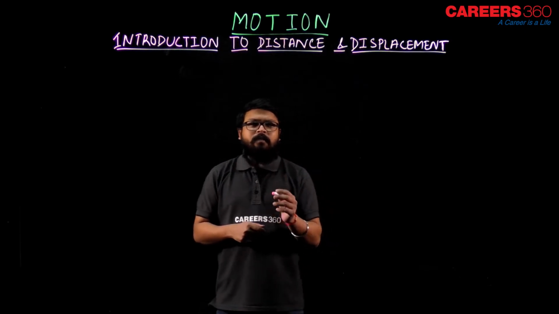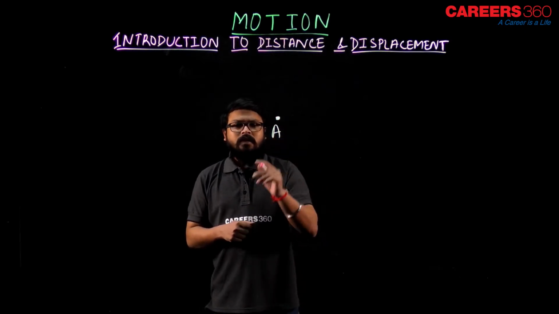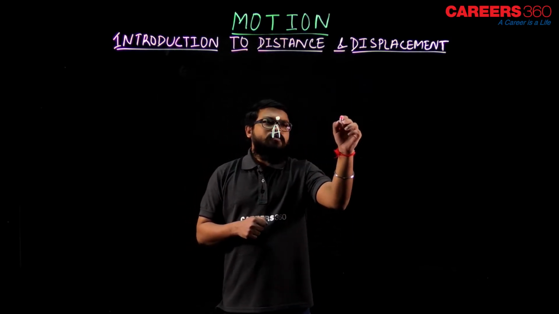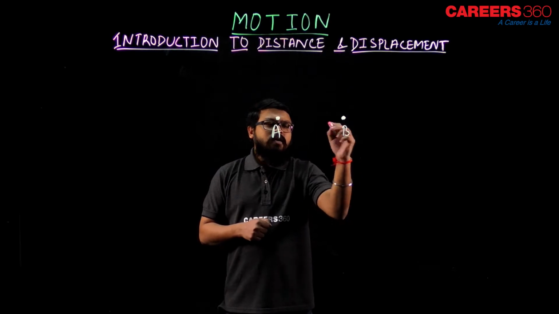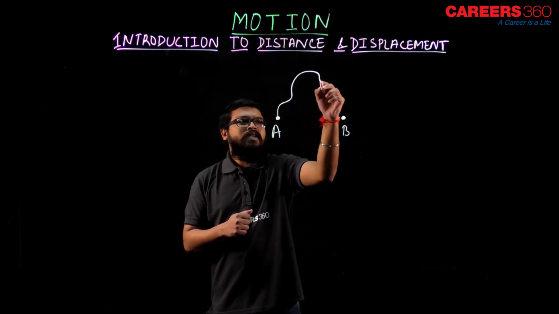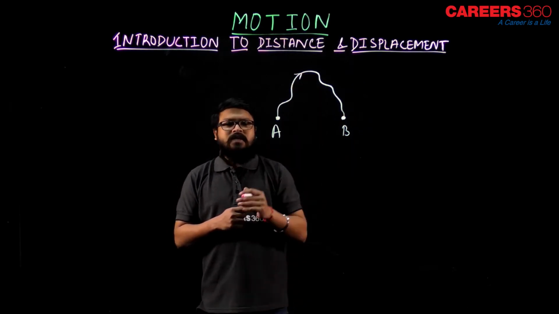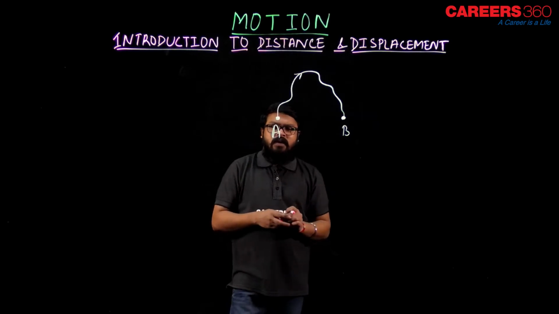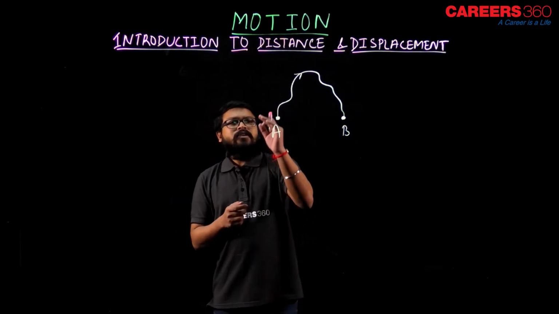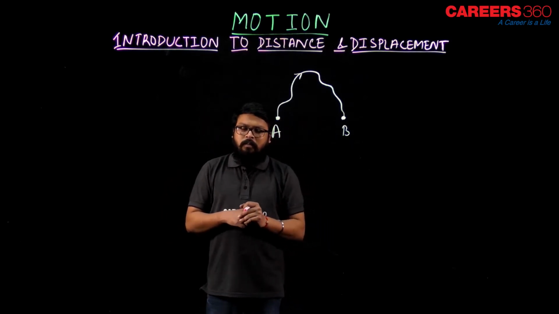The example is, suppose a body is at position A, and the body moves to position B, but the path over here can be anything. Let us consider this as the path. As you can see, this is the path from A to B. The distance over here is nothing but the length of the path traversed by the body.